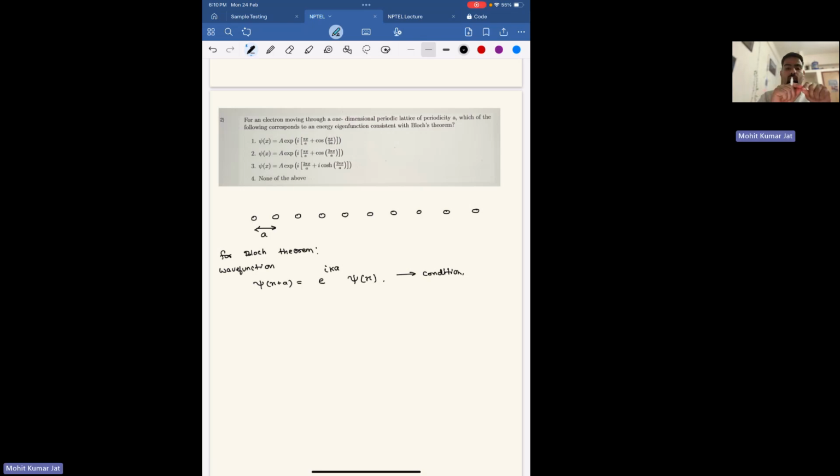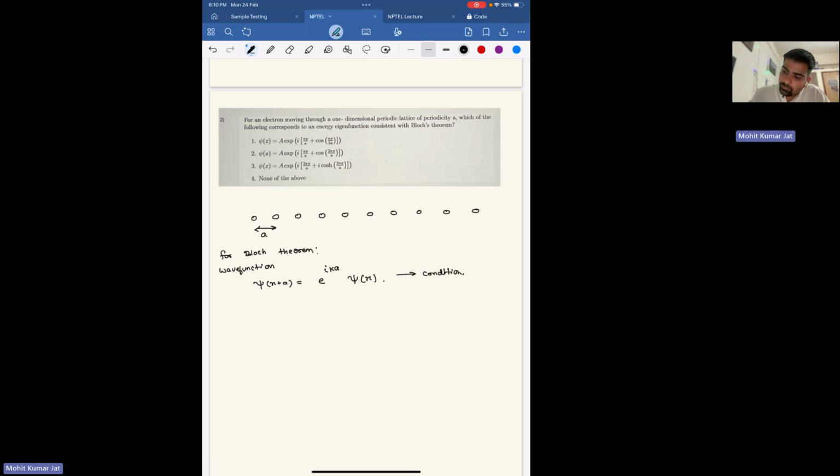That is, when an electron moves in a periodic lattice, then its wave function at any point x plus a will be equal to e to the power i k a times psi of x. That's what the wave function will be. Now let's see which of the functions satisfies this condition.